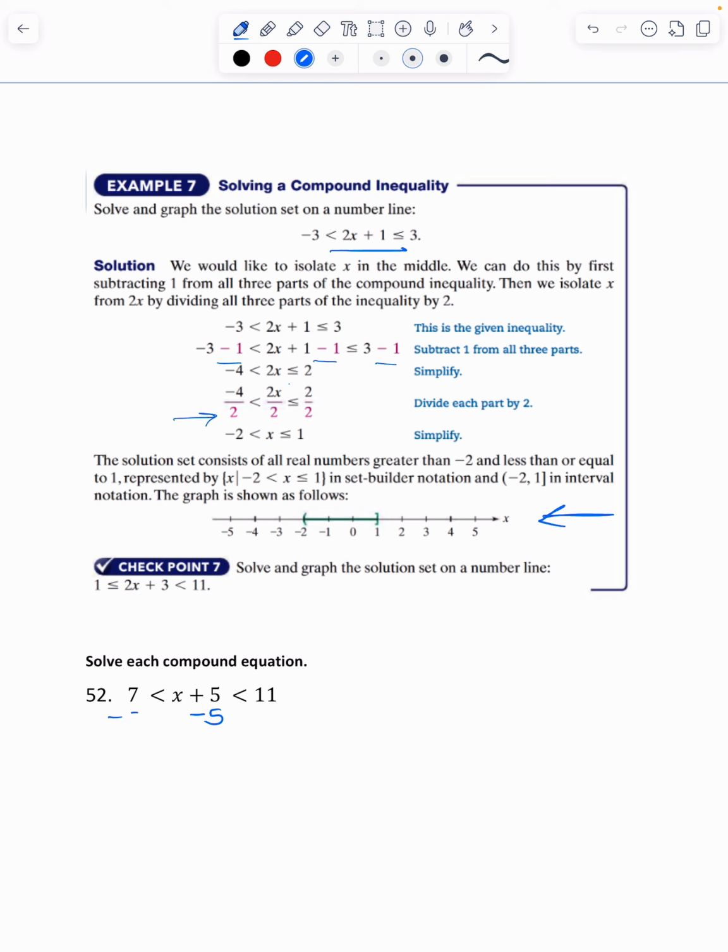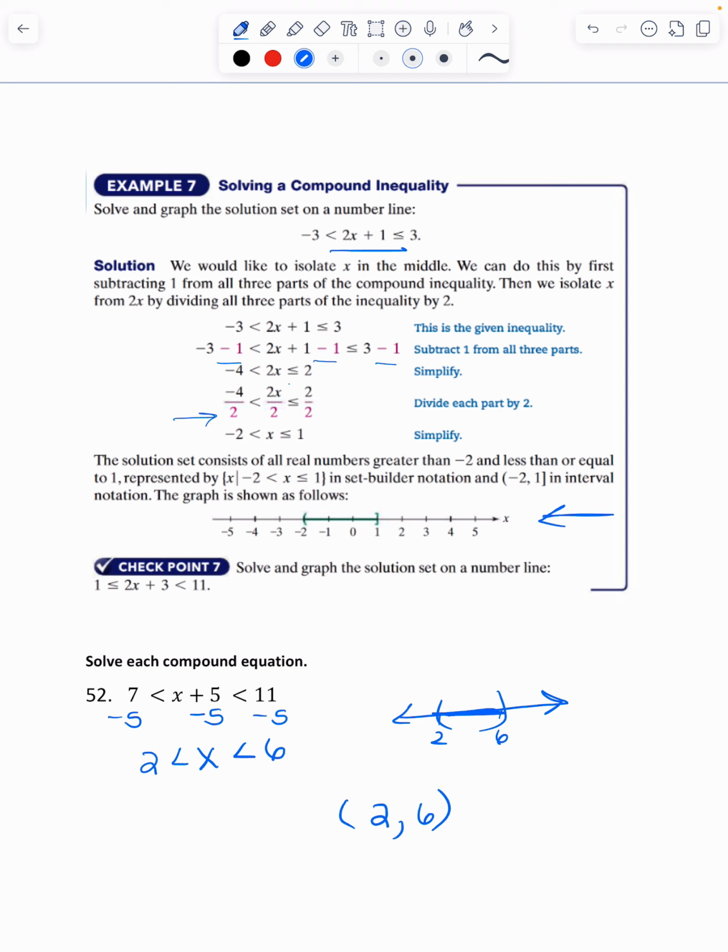And so we're going to subtract 5 from all three sections. 7 minus 5 is 2. 11 minus 5 is 6. And so this is going to be the line segment between 2 and 6. And I'm going to have parentheses because there's no equal sign. So my answer in interval notation would be parentheses 2, comma 6, parentheses.